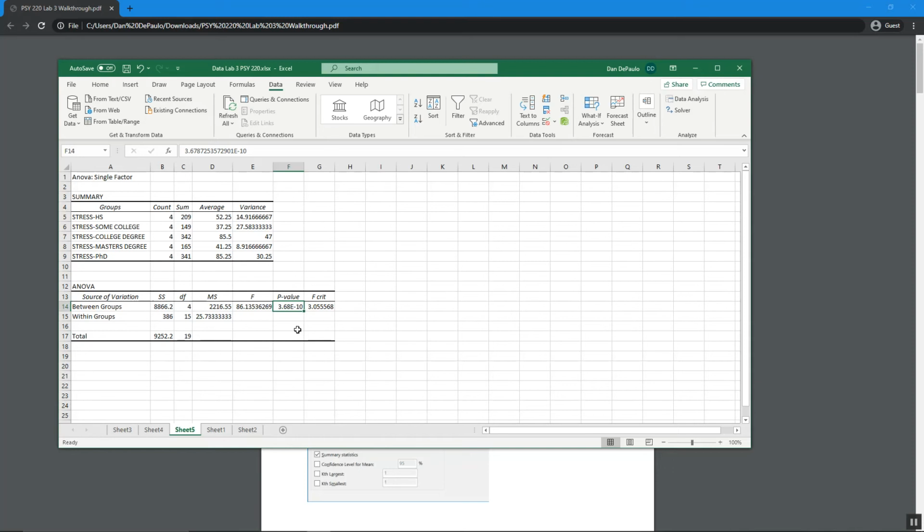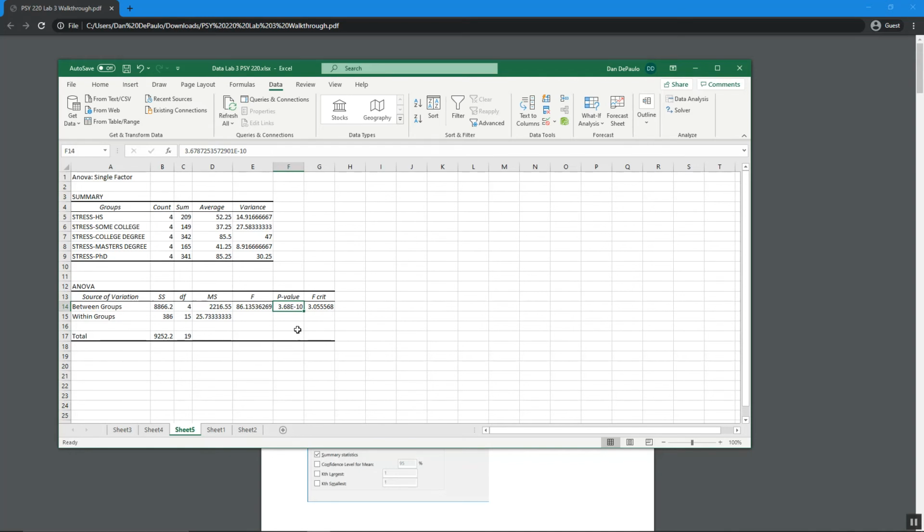These are very limited tests. It's almost impossible to find differences between groups running these extremely stingy tests. So I like the Tukey HSD, the Tukey honestly significant difference test, and that's what I'm going to use. Your book talks about it, so I feel more comfortable talking about it.